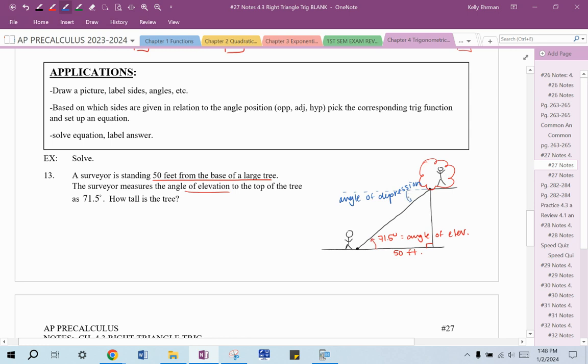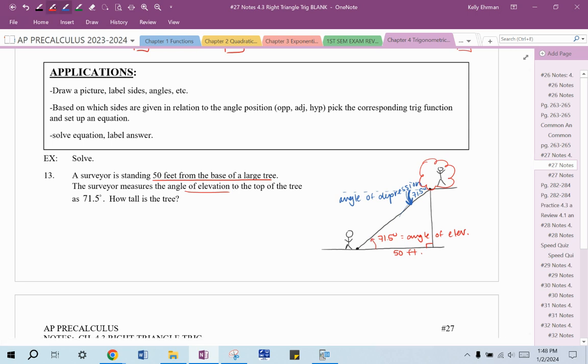And that's measured from the horizontal. And think back to your alternate interior angle days of geometry. That's also 71.5 degrees. The most common mistake is people put an angle of depression in the triangle from the vertical, and it's not. It's always outside.